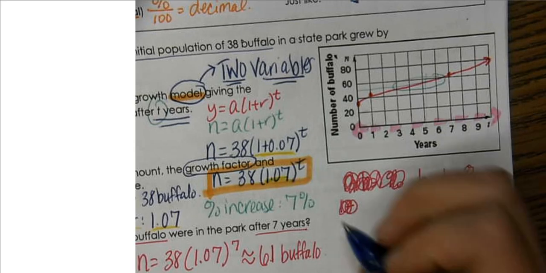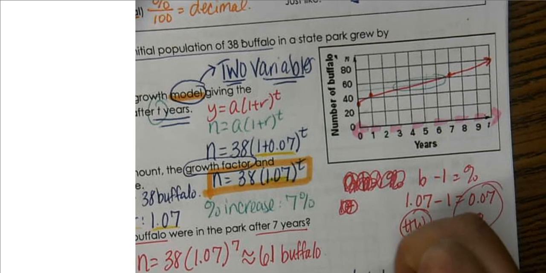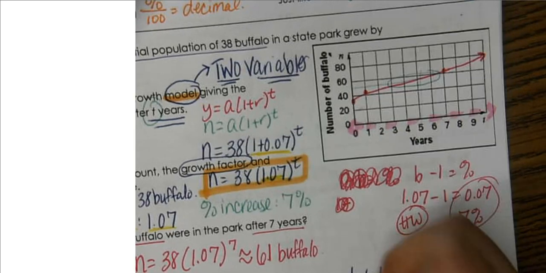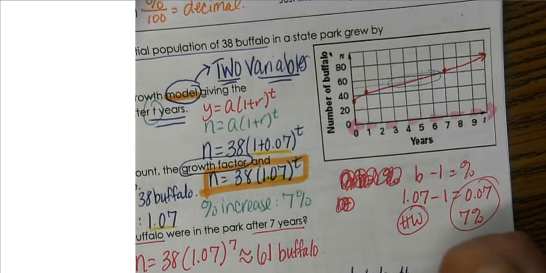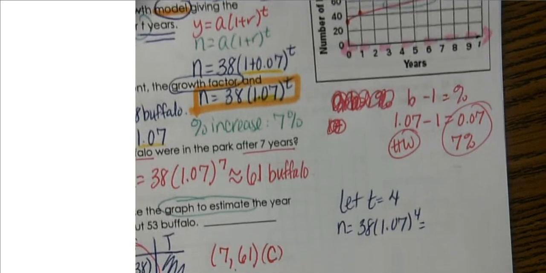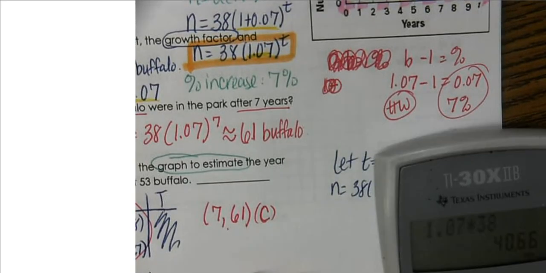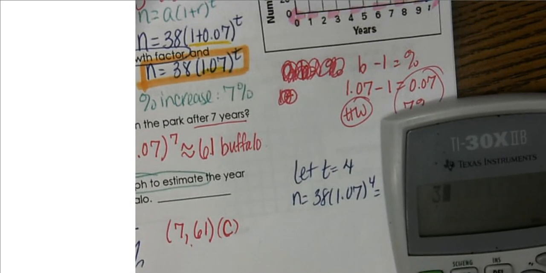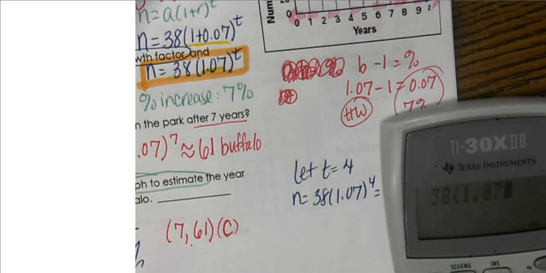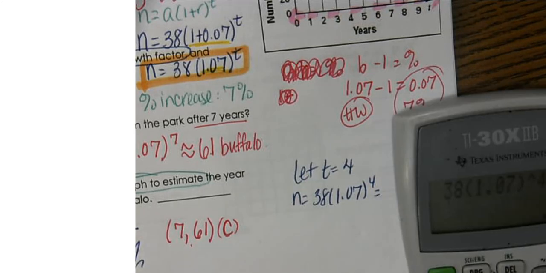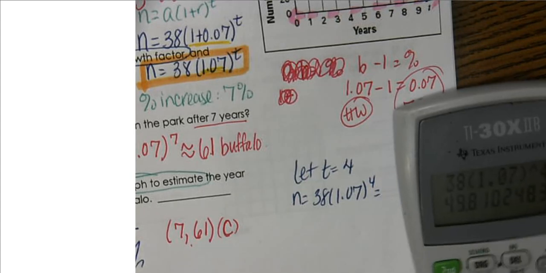So I'm going to let t equal 4. And so I'm going to write n is equal to 38 times 1.07 to the 4th power, and see what number I end up getting. So 38 times 1.07 raised to the 4th power, you get 49.81.